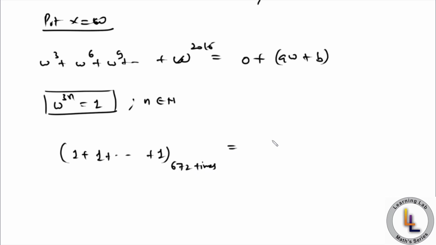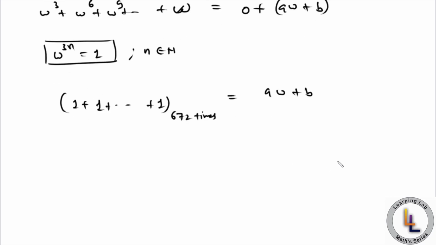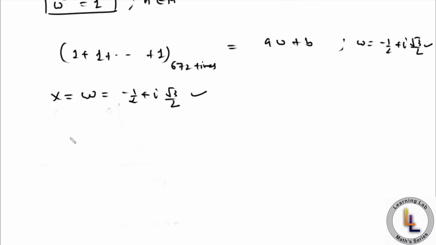right? This equals a omega plus b, where omega is the cube root of unity. What is the value of the cube root of unity? Minus half plus iota into root 3 by 2. So put the value of omega.